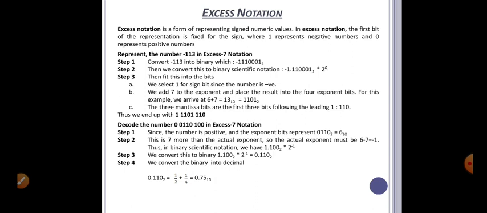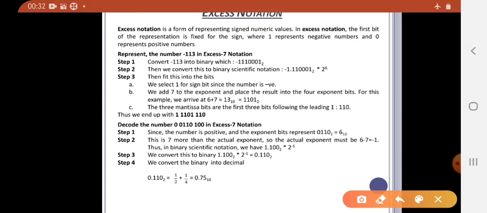Next, we convert this to binary. (1.100) into 2 to the power minus 1 equals 0.110. Okay. Now let me help you understand how it happens.